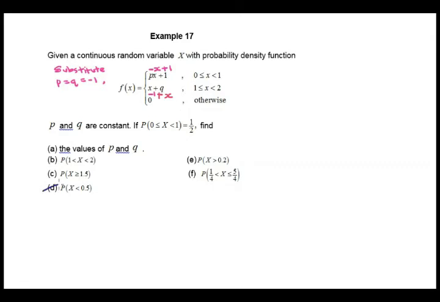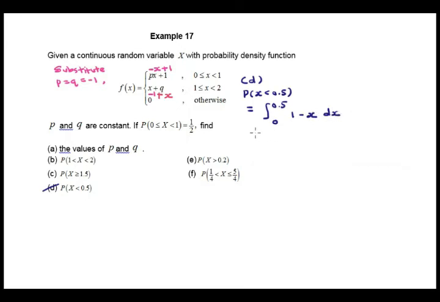(d) Find the probability x less than 0.5, which is equal to the definite integral from 0 to 0.5. The corresponding function is 1 minus x.